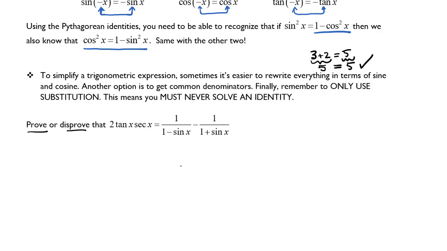Some instructors will let you work on both sides and simplify one side until it looks like the other side, and then maybe you get stuck, so then you can work on the other side until they both look the same. But I am somewhat of a traditionalist when it comes to this, and you can only work on one side of the equal sign, and you need to show that you can morph that one side to look like the other.